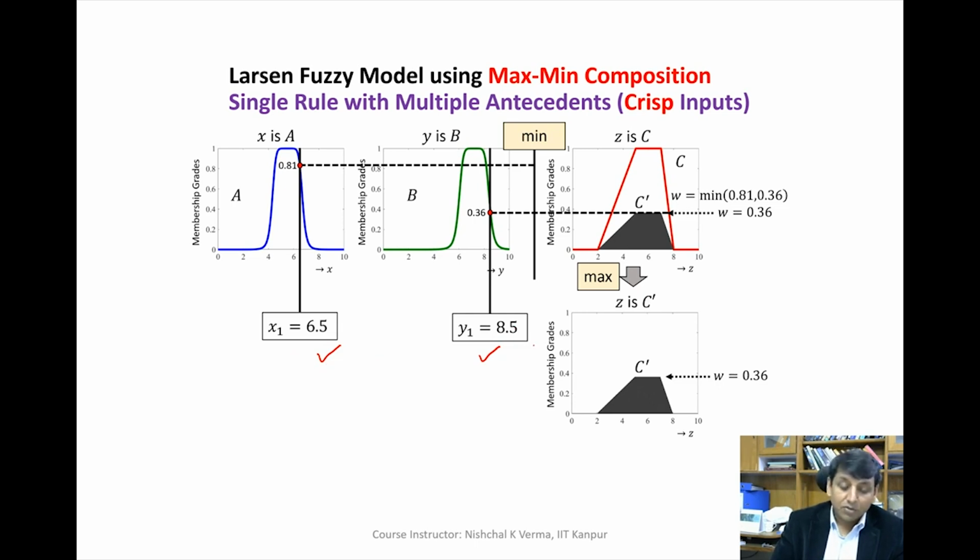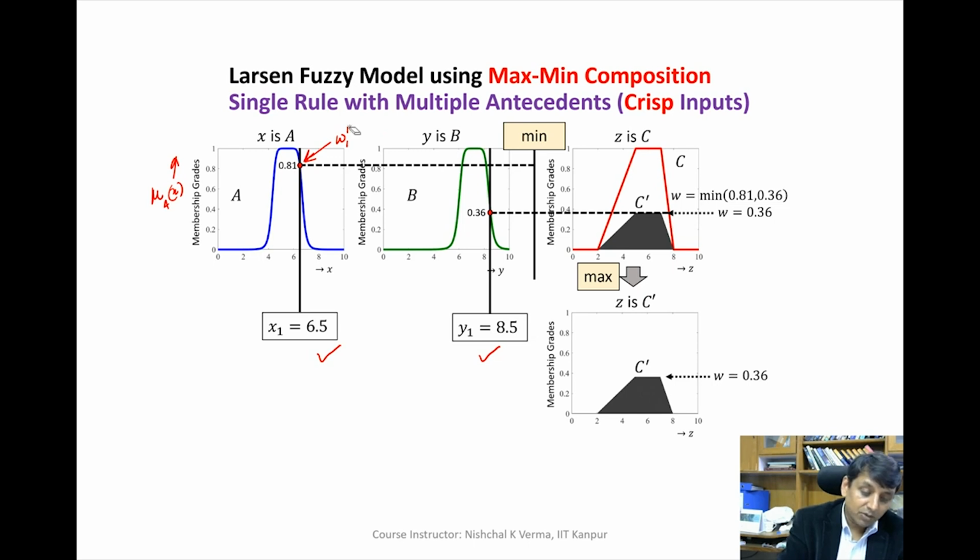So when we take x1 is equal to 6.5 and draw a line parallel to the y-axis, that means parallel to the ordinate, the mu axis, we get the point of intersection here as mu, let's say w1.